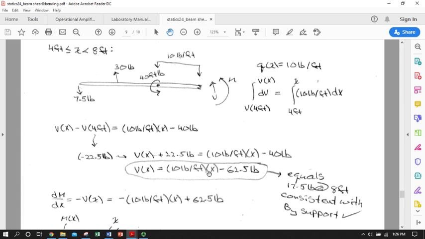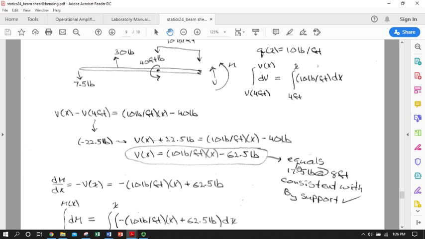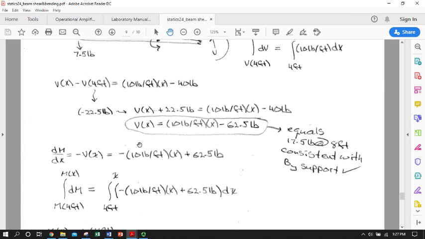And if we pop in x equals 8 feet, we do get a value of 17.5, which is consistent with a V of 17.5 pounds being applied not by a cut-off portion of the beam on the right, but by the right-hand support, which is a good sign. That means we're pretty much correct all the way up to this point, and we only need to apply the correct manipulation to this particular expression to get moment, and we're done.